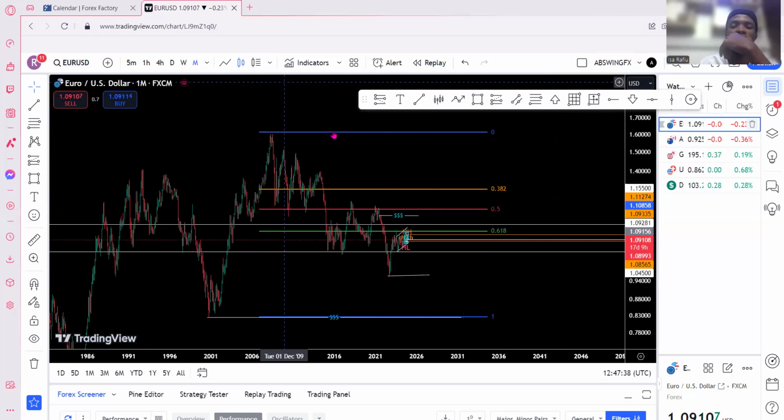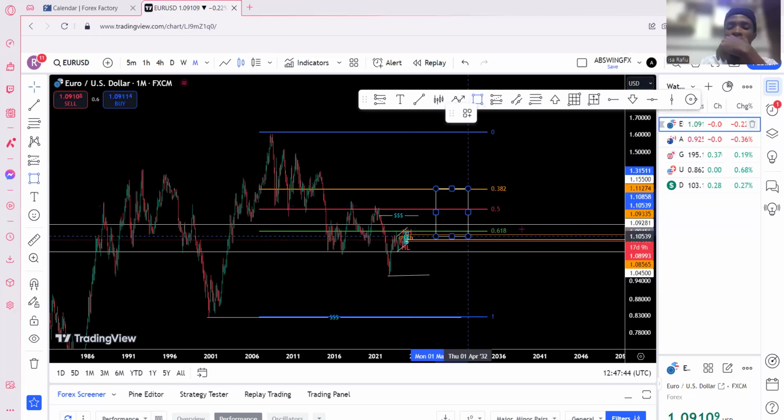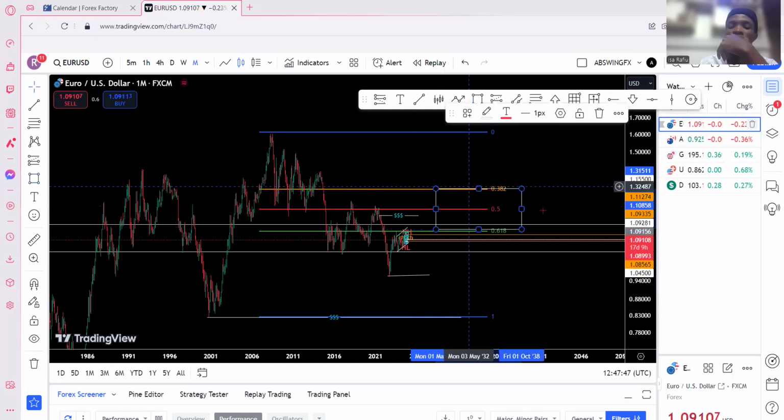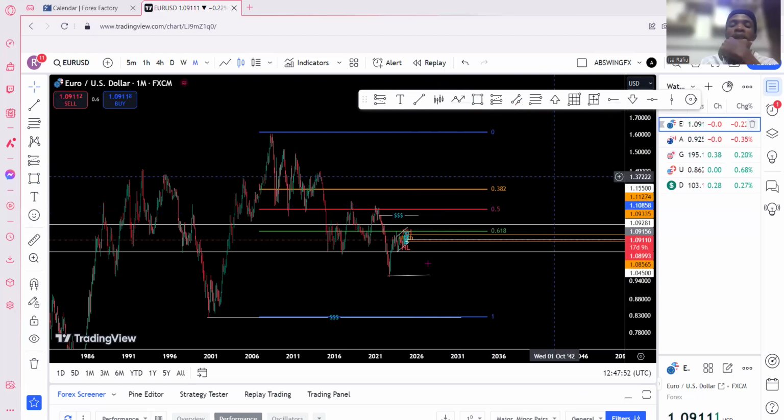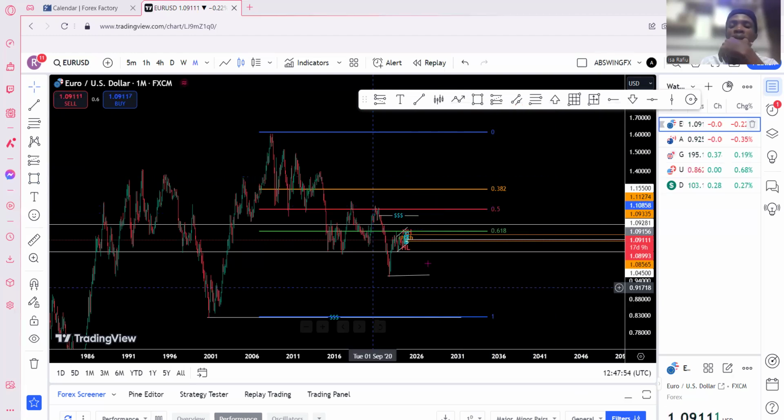Now, to me, this area and these two areas and this three-area box is one of the most valuable points that someone needs to see that the market needs to reverse. But when the market is doing such things, it needs to pay attention very well.